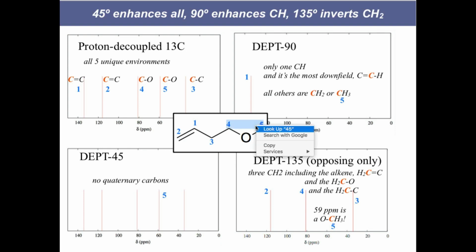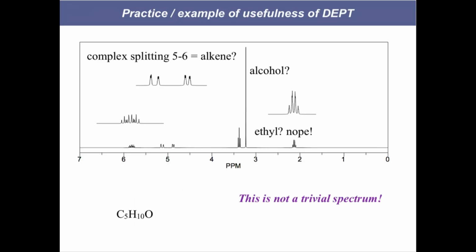Notice that it was much easier to assemble this structure based on what the carbons were like rather than what the hydrogens were like. We thought we might have had an ethyl because we had this quartet here and a triplet here. We certainly did not have an ethyl in our structure. We thought we might have an alcohol because we've got this singlet between 2 and 5.